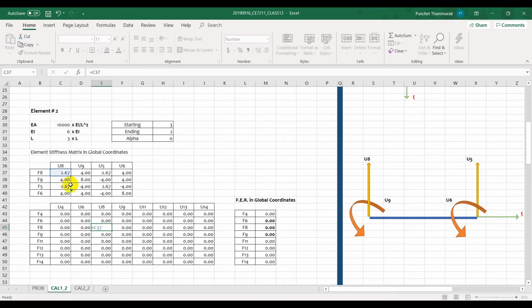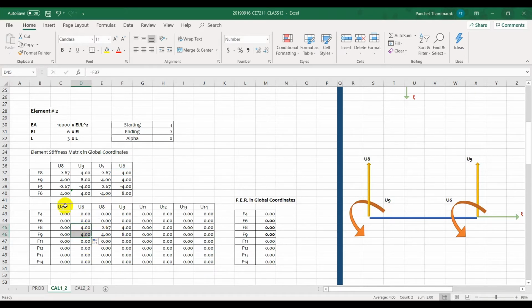So I have this here, here, and here. Okay. Then the next one, U5 and U6. We don't have U5, so it's not there, but I have U6. So U6, F8, right? Row F8 and U6. So I just put it in there. I just copy it down there.